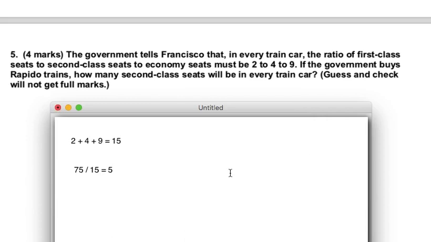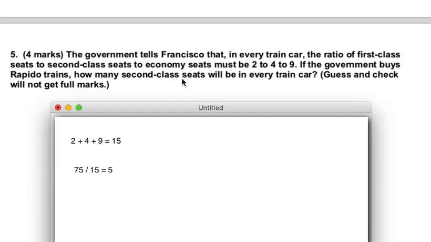So that means for every 15 seats I have in there, I can see that there's 2 first class, 4 second class, 9 economy. Since there are 5 packets of 15 in 75, then that means there has to be 5 times 2 first-class seats, 5 times 4 second-class seats, 5 times 9 economy seats.